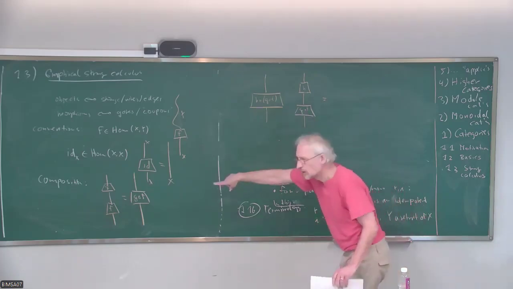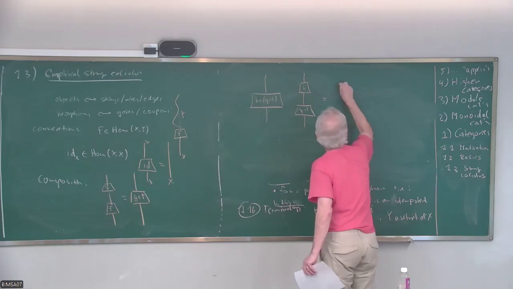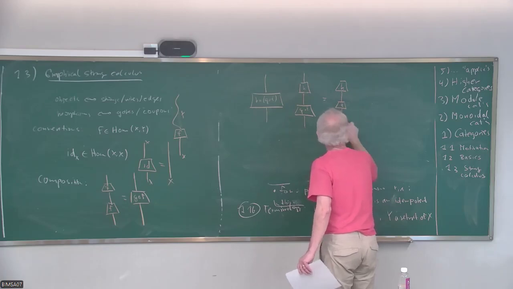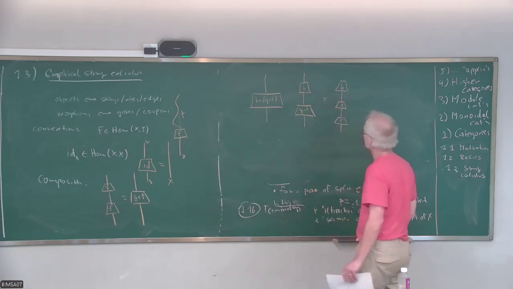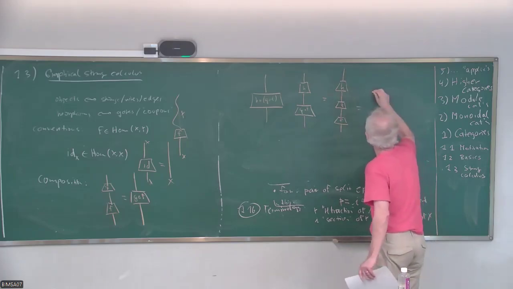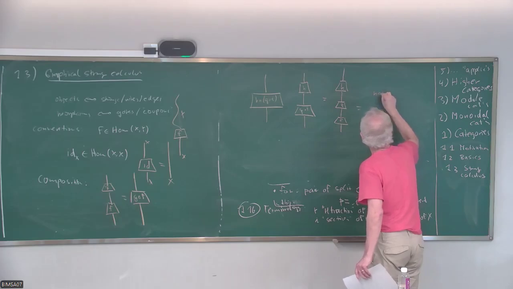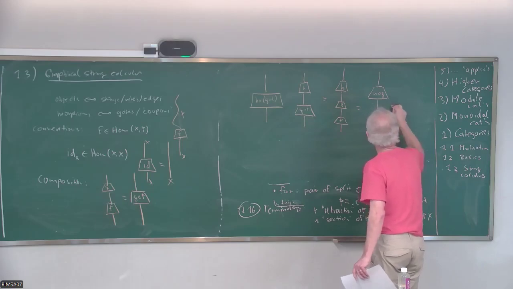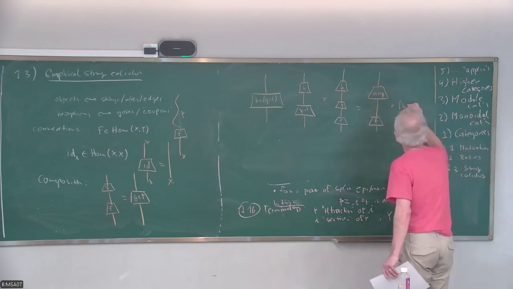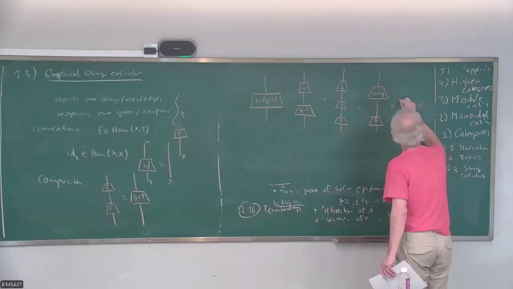Now we use again the local move here to draw this coupon as a sequence of two, which are labeled by F and G. Now we use the local move here again to combine these to H after G. And then you use again your local move to write this as H after G composed with F.